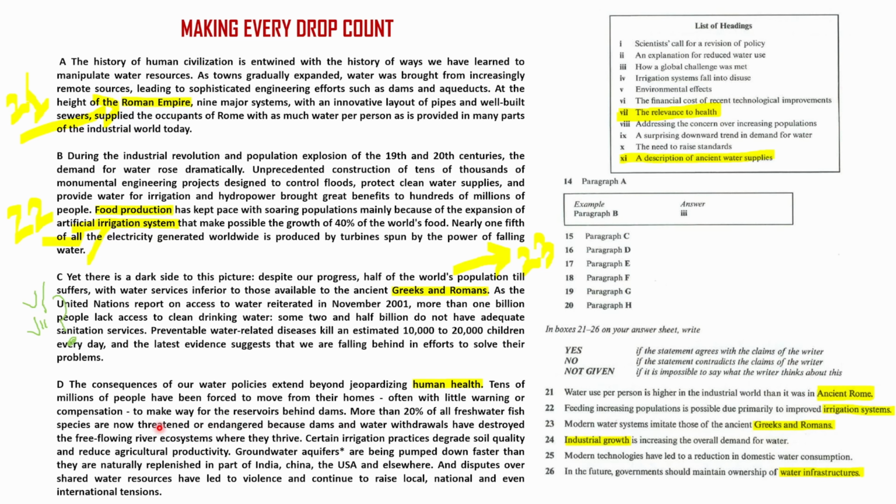It just says freshwater fish destroyed, right? And ecosystems destroyed. Okay, it's talking about ecosystems. Certain irrigation practices degrade soil quality, reducing agricultural productivity. See, it's all about environment here, right?